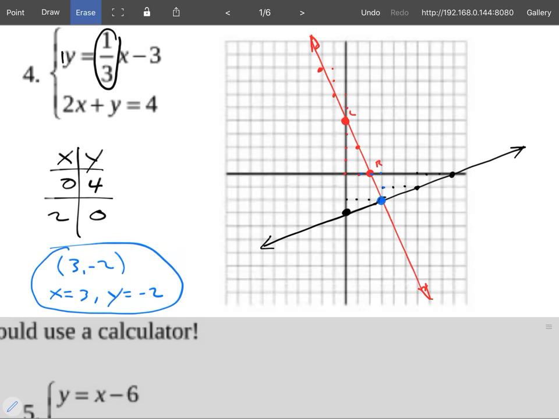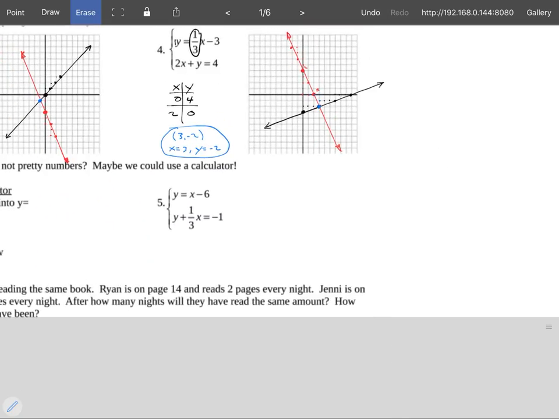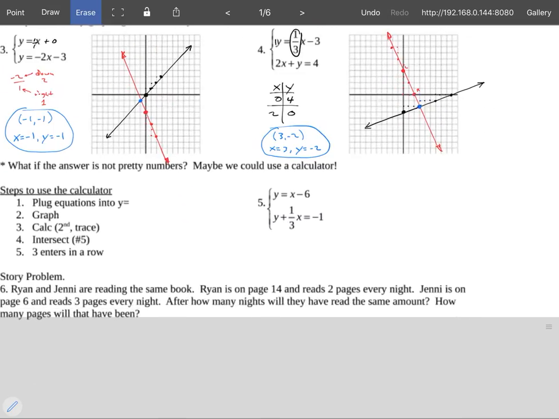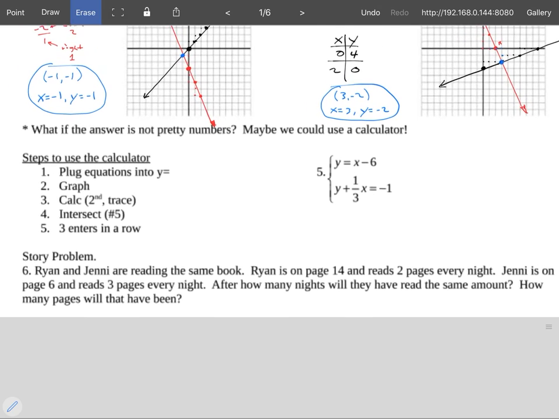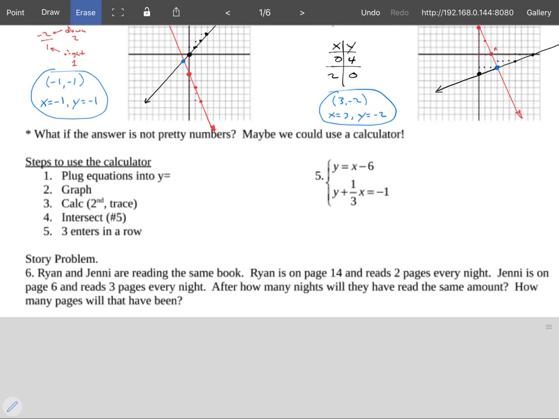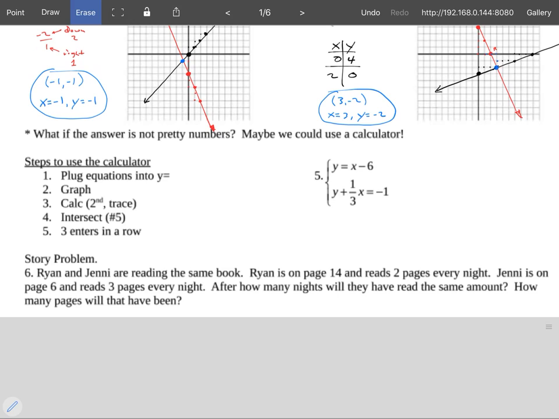So to pick up the story problem here, okay, so this story problem says Ryan and Jenny are reading the same book. Ryan's already got 14 pages done, and he reads 2 pages every night.